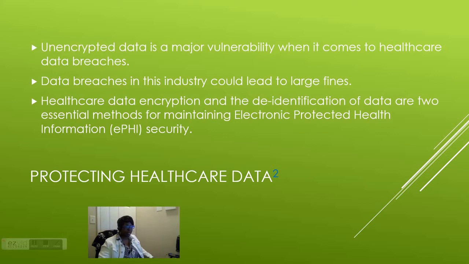Healthcare data encryption and the de-identification of data are two essential methods for maintaining electronic protected health information security. The terms might seem similar, and they both involve changing the readability of data or how the data can be traced back to an individual or a certain source, but they are two very different methods.